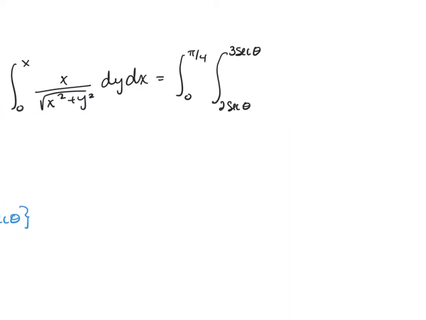And then my numerator and denominator end up just being the cosine of theta. Don't forget we multiply by r, and then dr d theta.